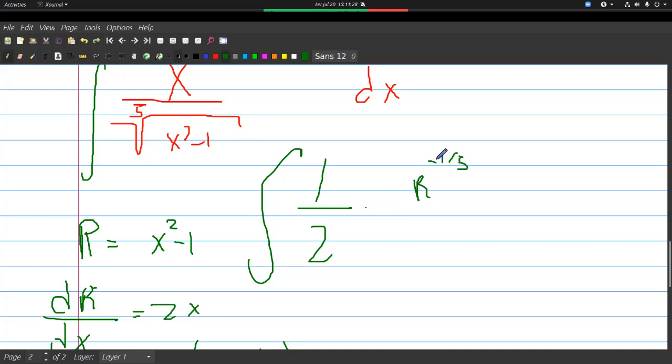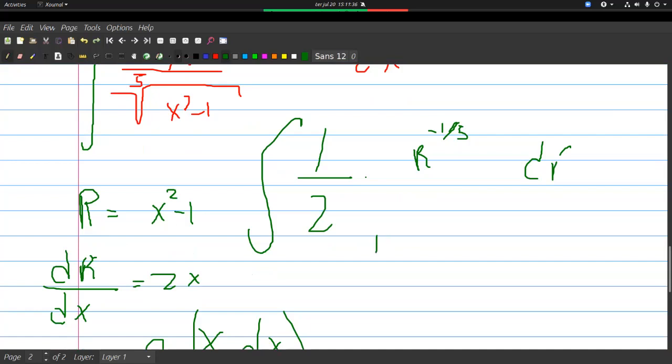So that is the same thing, dr. So it's going to be 1 over 2 times r to the minus 4 fifths, because we're going to do minus 1 over 5 plus 5 over 5, which is 4 over 5.